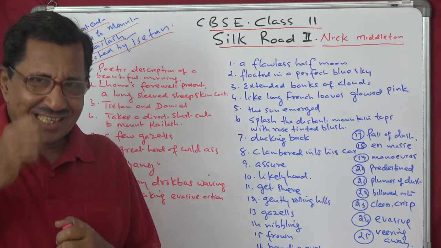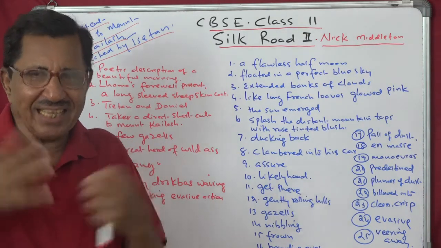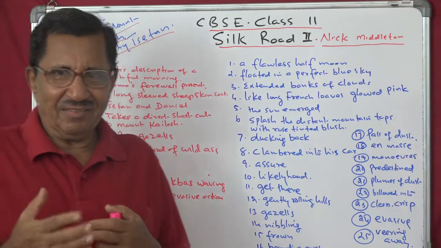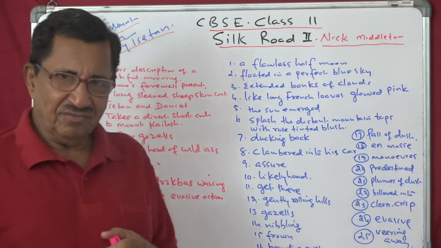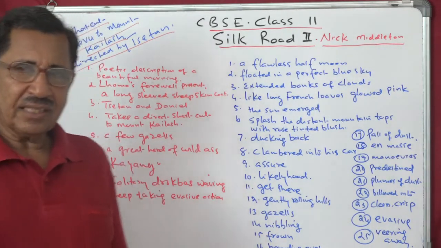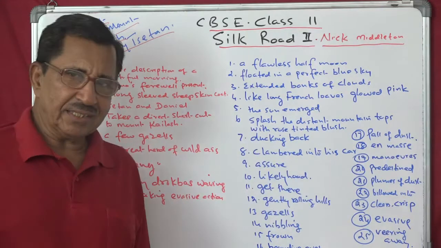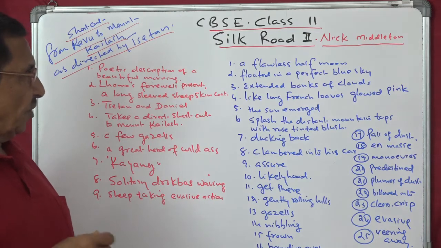Crisp air means it's very clear and very pure. Evasive means avoiding. Veering away, moving away. So once again we'll go through this, and if you master these things, it becomes very easy for you to go through the passage. So, flawless half moon.